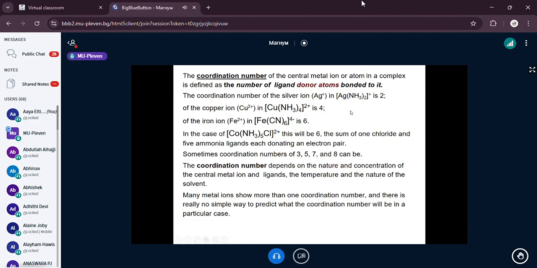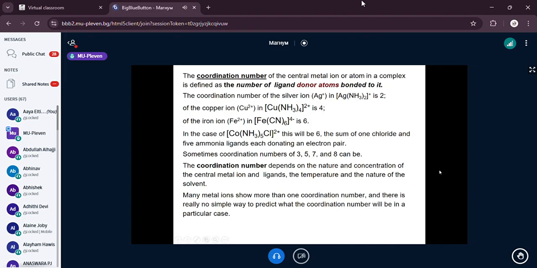What is the coordination number of cobalt when we have not the same but different ligands? 5 ammonia molecules and 1 chloride anion. 6. The sum of donor atoms: 1 chlorine atom from the chloride anion and 5 nitrogen donor atoms of the ammonia molecules.